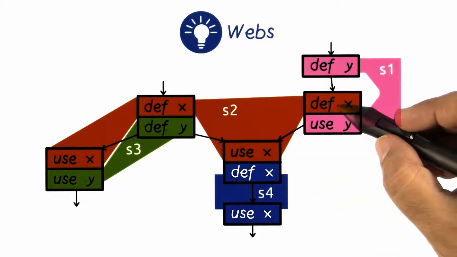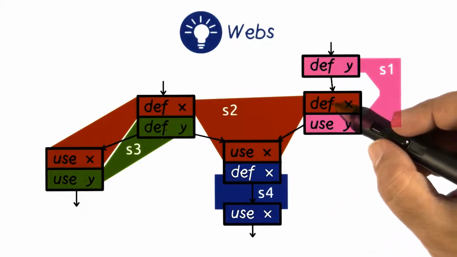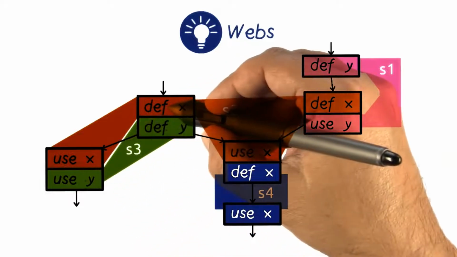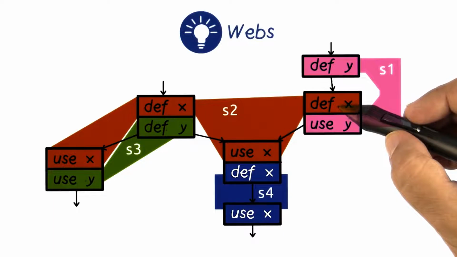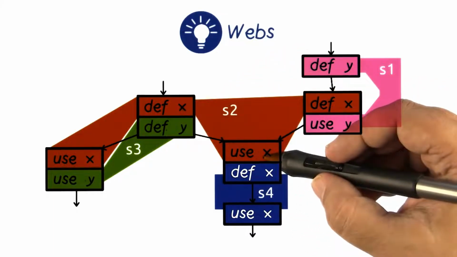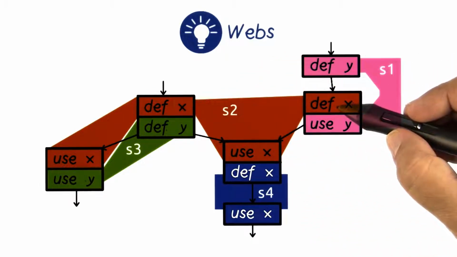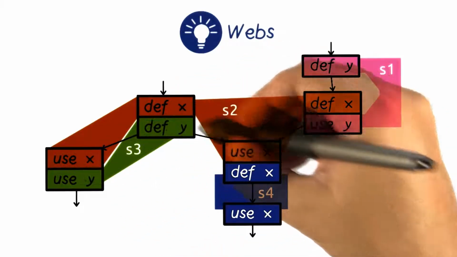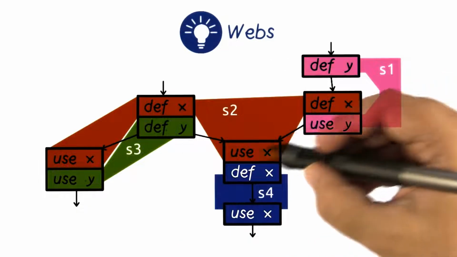Similarly, this definition of x is feeding that use of x, and therefore the web now extends from this use to this definition to that use and going back to that definition. So you can see that the ones which are reaching the same use are connected together, especially those definitions in the same web, and those uses which are reached by the same definition are also connected together, and a transitive closure of all this forms a web.